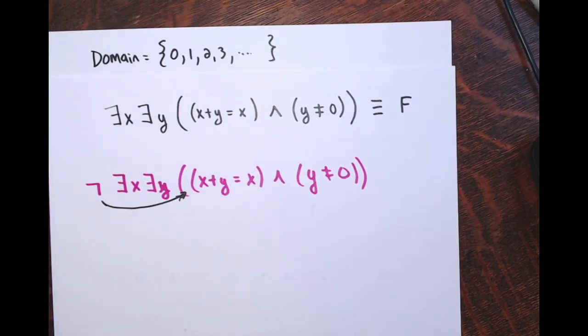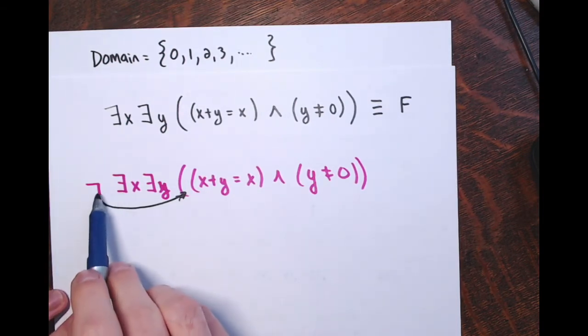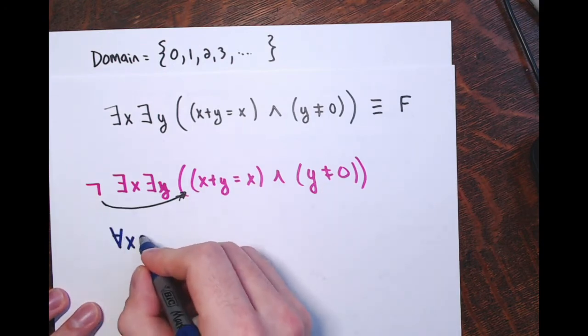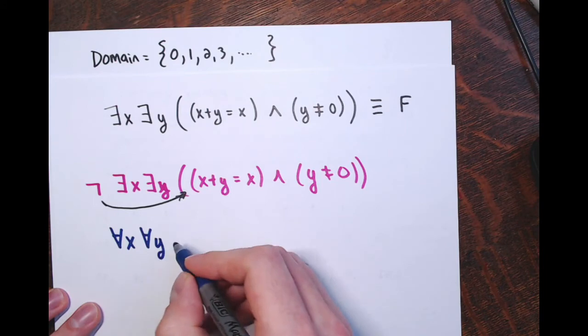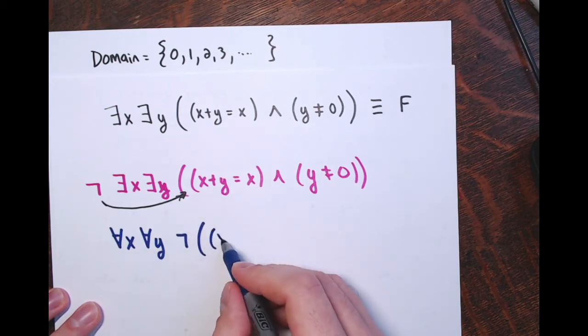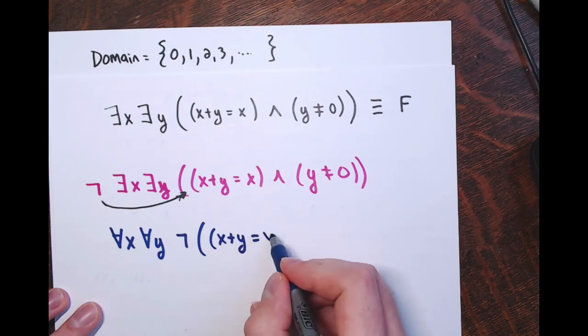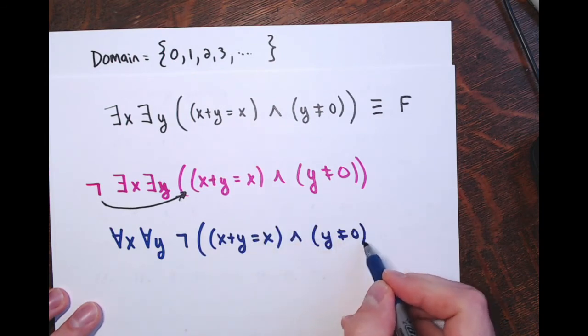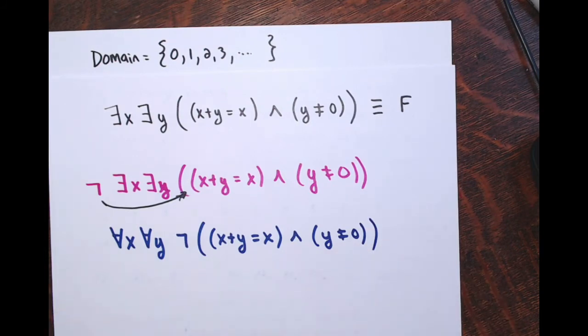So the negation of this statement is going to be: for every x and for every y, it is not the case that x plus y equals x and y is not 0. Now in this predicate I'm negating this and statement, so you can use De Morgan's laws further.